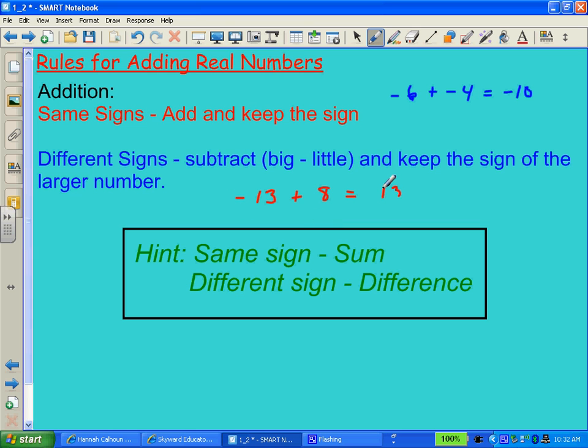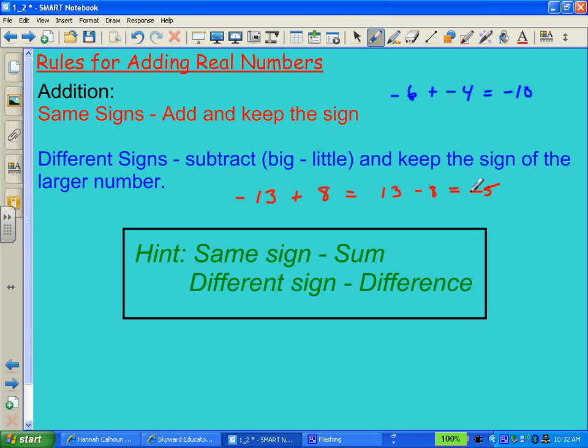So this is really the same as 13 minus 8, which is 5. But we have to decide which sign. Is 13 bigger or is 8 bigger? Well, 13's bigger and it's negative, so my answer has to be negative. So my answer would be -5. So if I have different signs, I subtract the 2 numbers and keep the sign of the larger number.